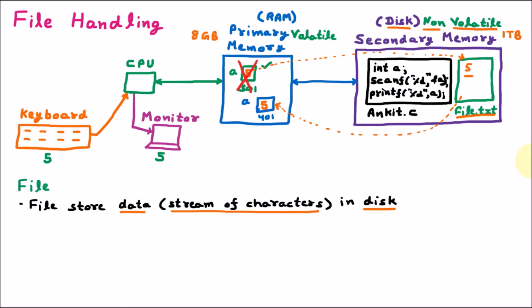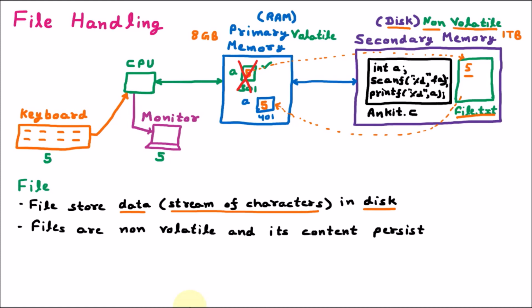So we can say that files are non-volatile and their content persists, because we save the files inside the secondary memory, and the secondary memory is non-volatile. That's why files are non-volatile. Non-volatile means their data will not be lost. Even if the program terminates, even if you switch off the system, the data will remain there.